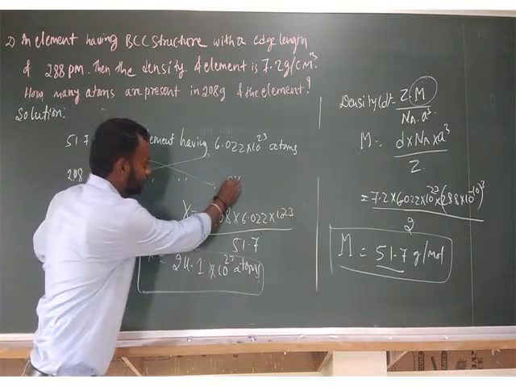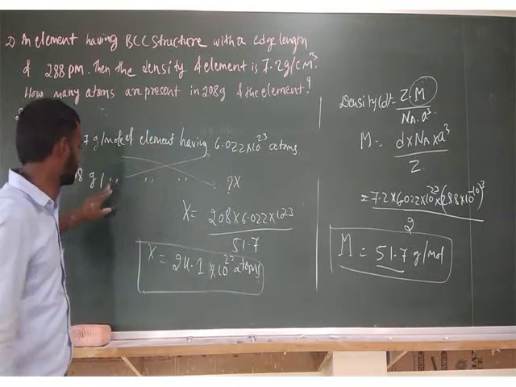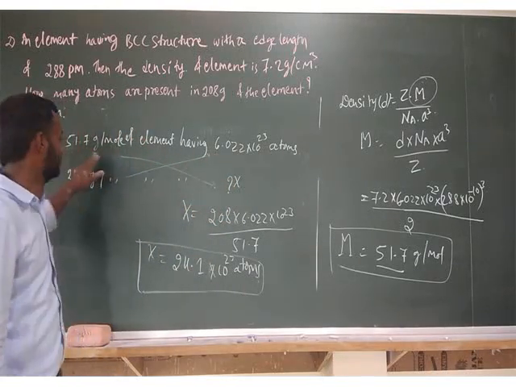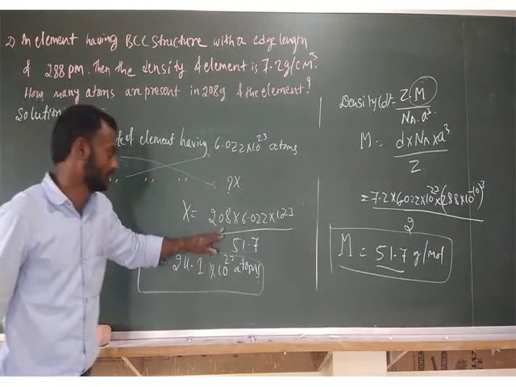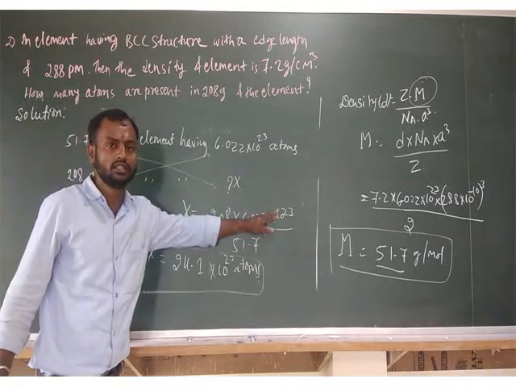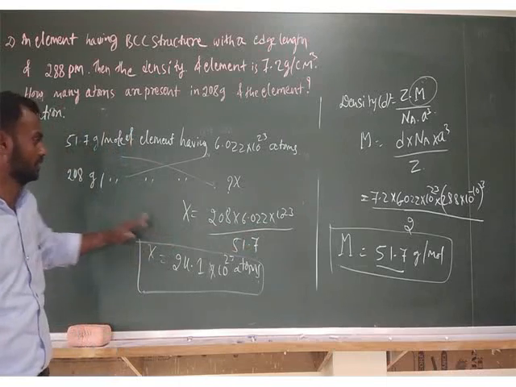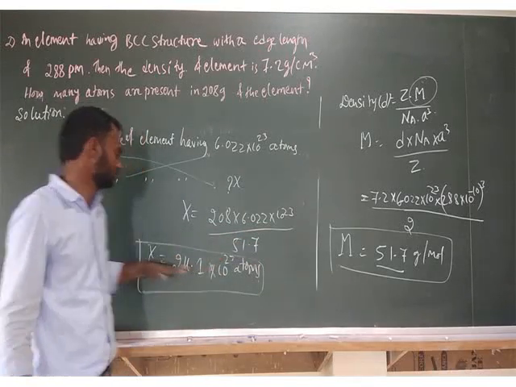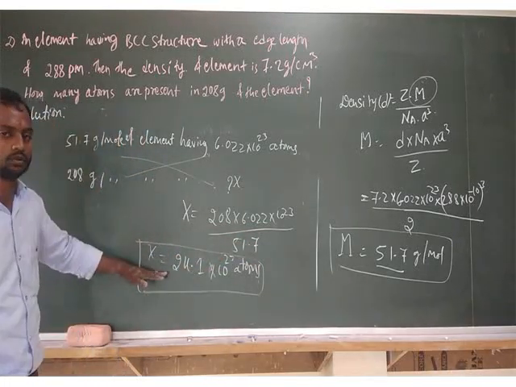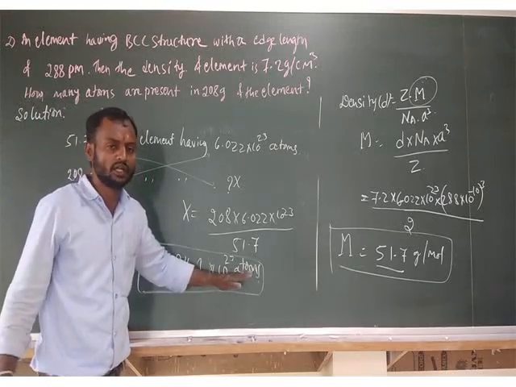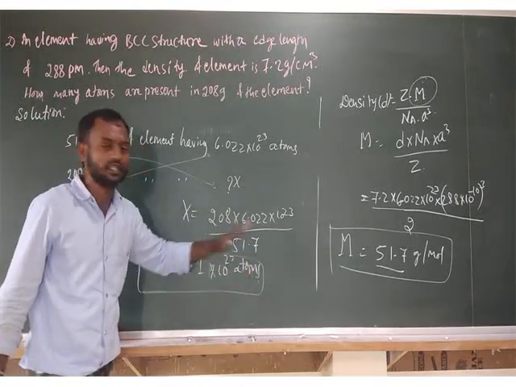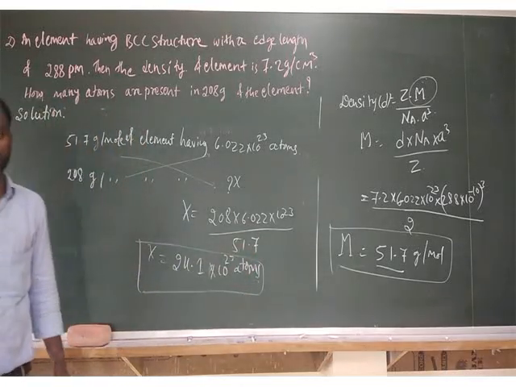So this value is taken as x. By cross multiplication, x is equal to 208 into 6.022 into 10 raised to 23 divided by 51.7. Therefore, x is equal to 24.1 into 10 raised to 23 atoms. Clear?